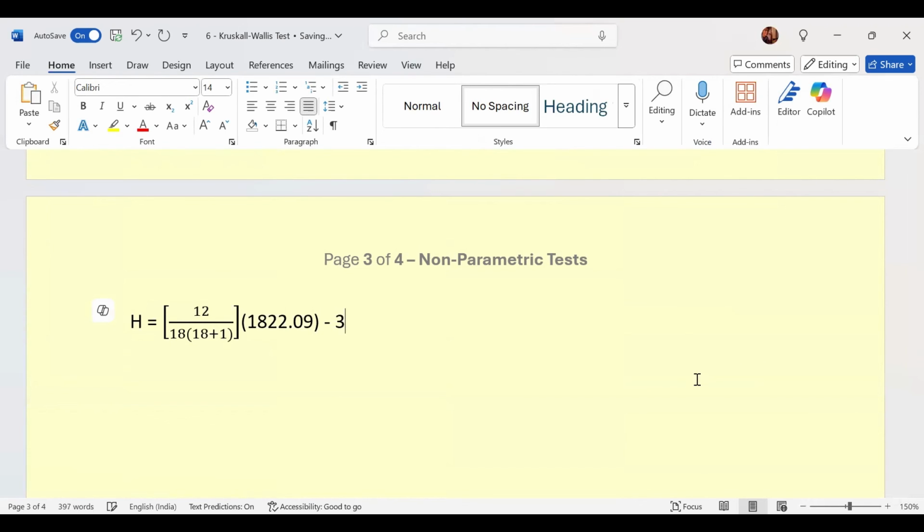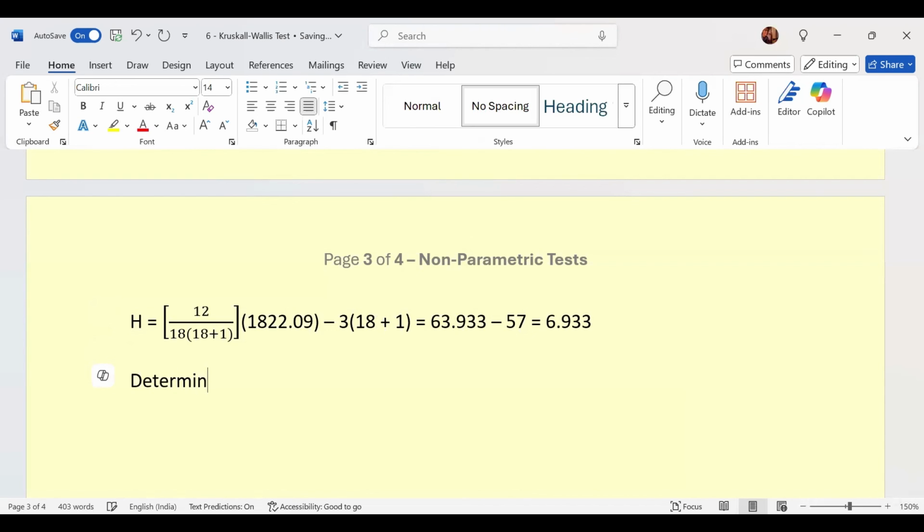Minus 3 times n plus 1, 18 plus 1. That will give you 63.933 minus 57, which gives you 6.933. That is our H value.